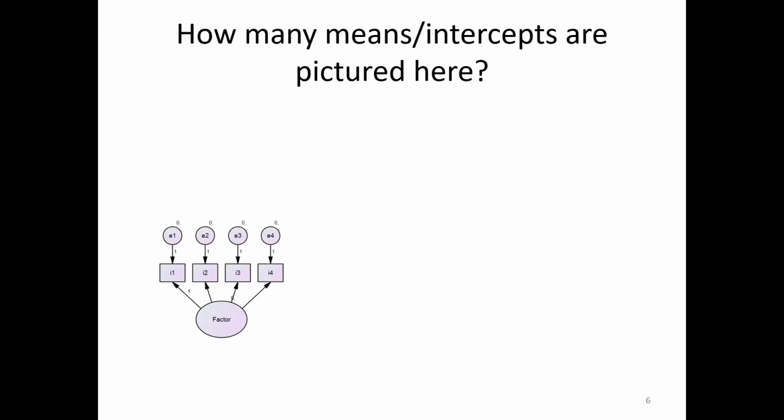There are a couple of different ways I could do this. I could constrain the marker intercept to be 0 in one group and allow it to freely vary in the other group. Or I could constrain the marker intercept to be equal across the 2 groups.